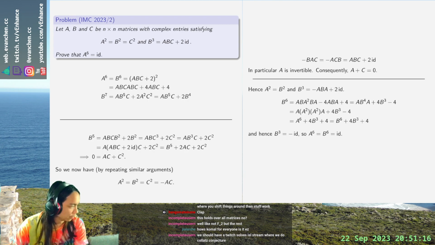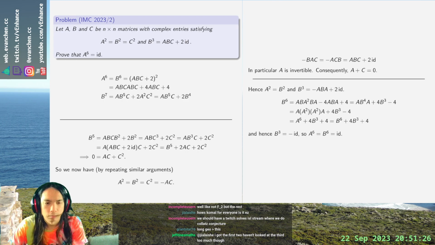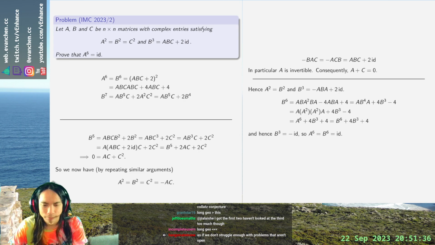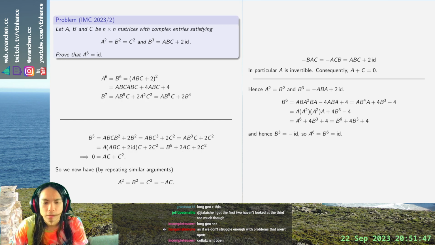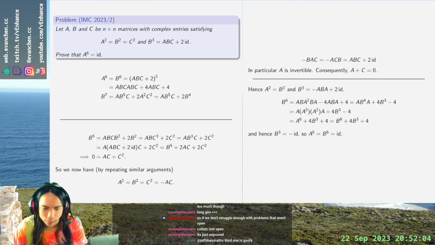Okay, we start with the following claim. Yeah, it's interesting because, like, even for high school Olympiad kids, Olympiad students don't typically work with non-commutative rings.